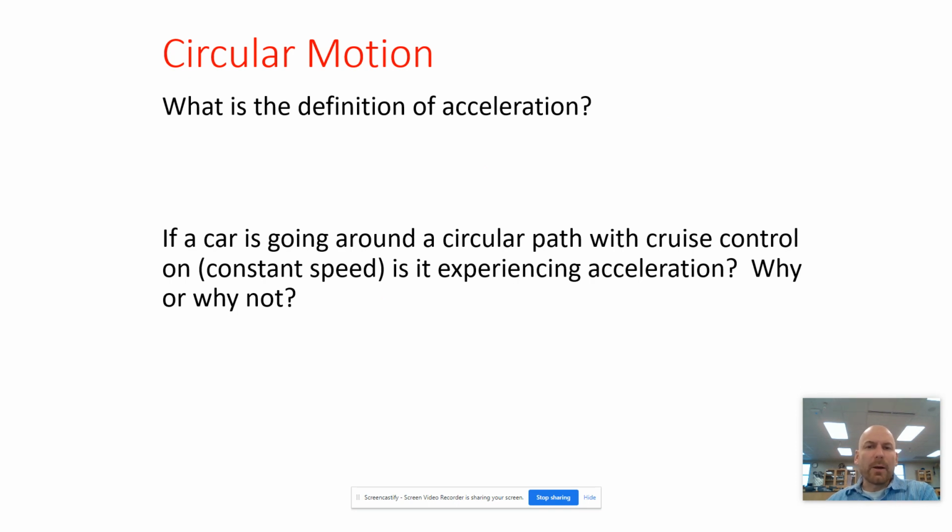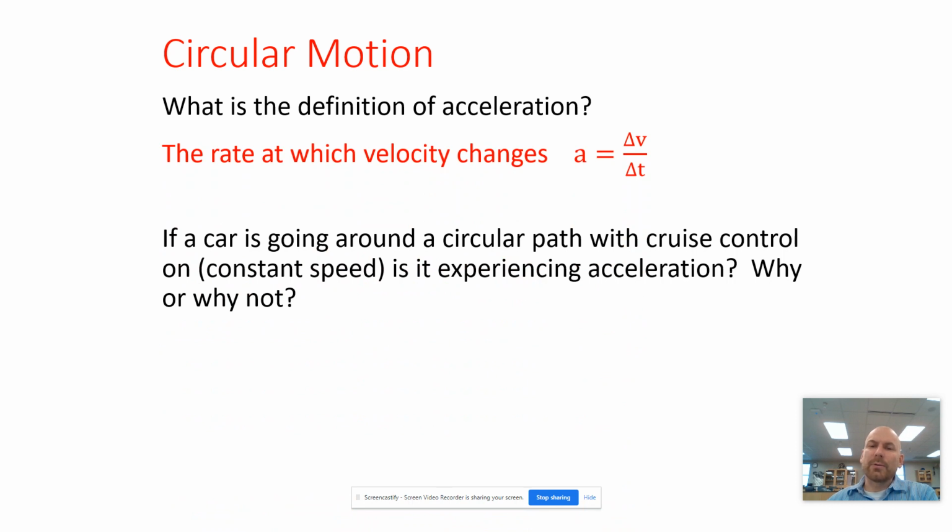The definition of acceleration. This is a review from when we first started talking about acceleration. This is the rate at which velocity changes. So we have acceleration is equal to change in velocity over change in time. So that was a review. But if we're moving on to circular motion, if a car is going around a circular path on cruise control, it's moving at a constant speed, so it has uniform circular motion.